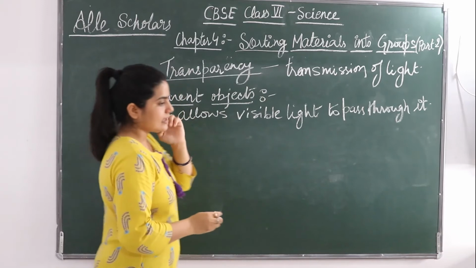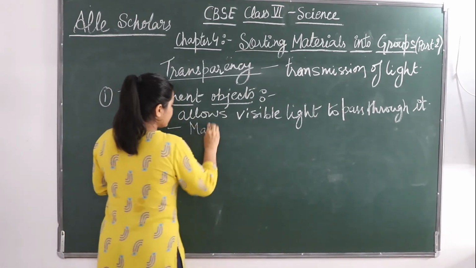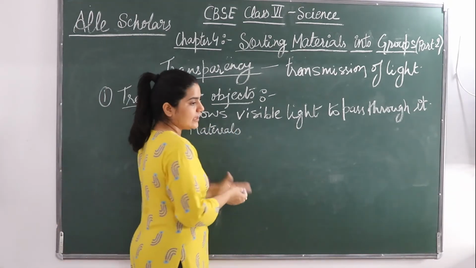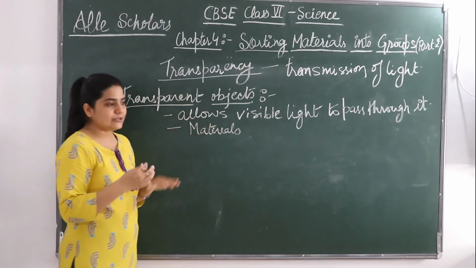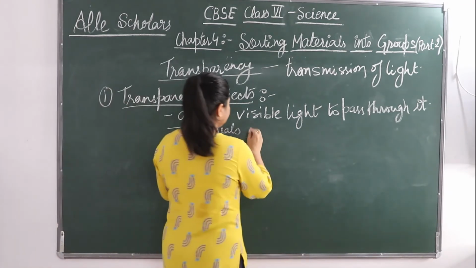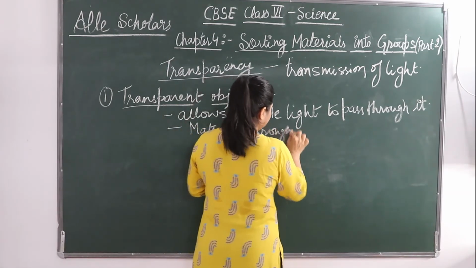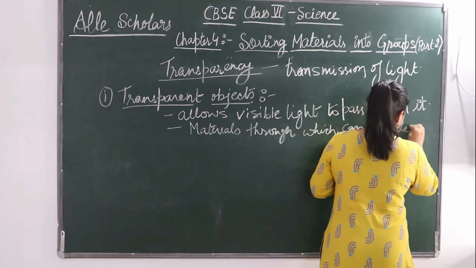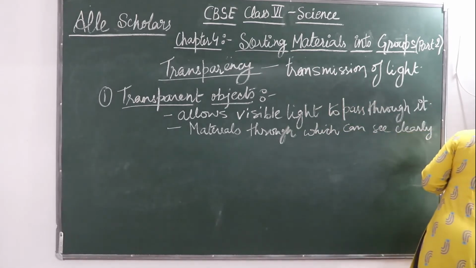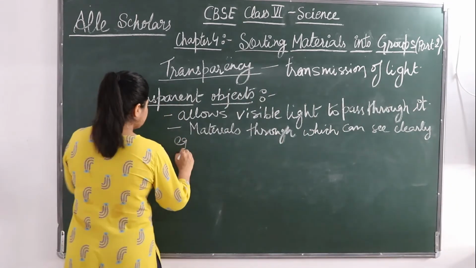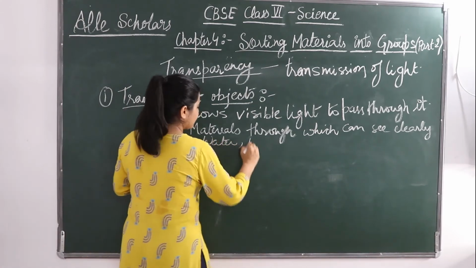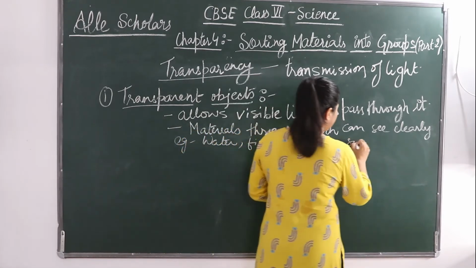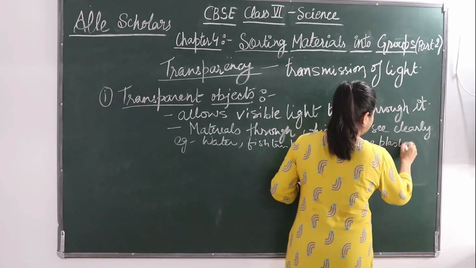And the second thing is that materials or objects are clearly visible through it. Those substances or materials through which we can see clearly. Examples are water, fish tank, glass, and some plastics are also transparent.